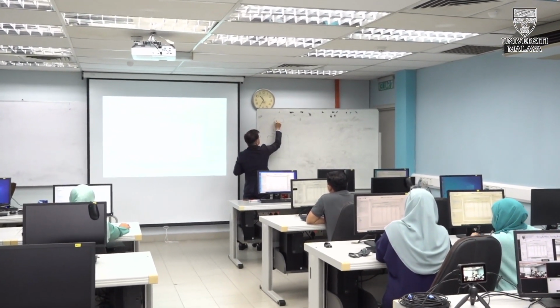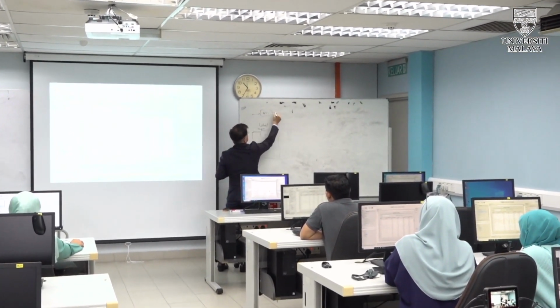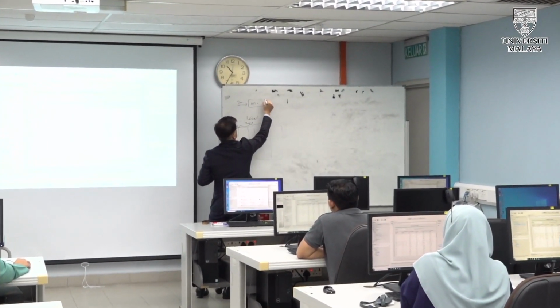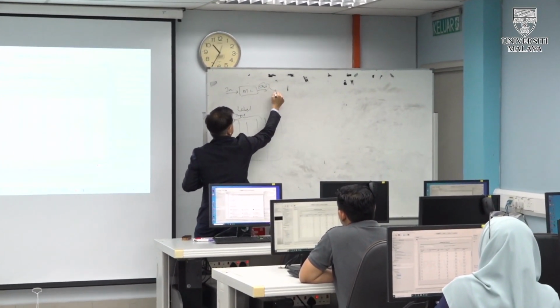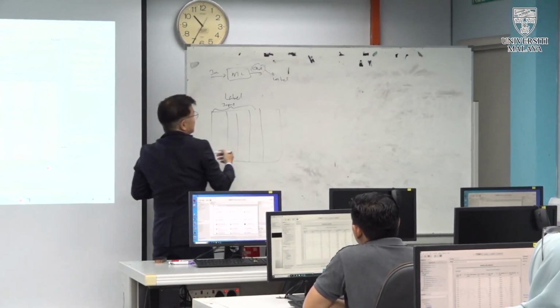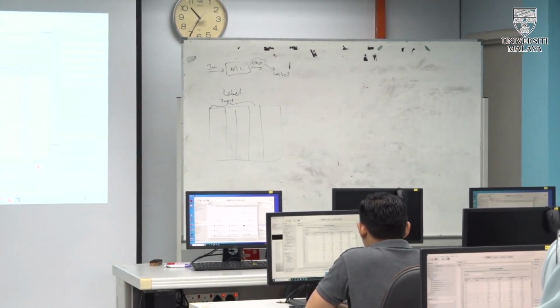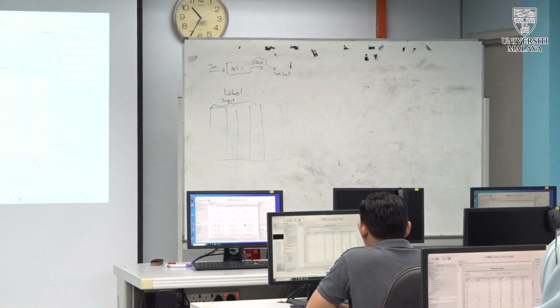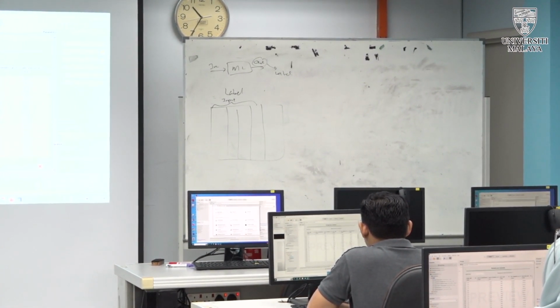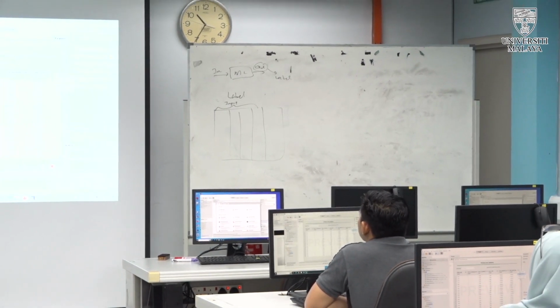Because in any machine learning, you kena ada dua komponen, satu input, satu output. So output kita panggil label. So dalam kolom-kolom ini, you kena identify which one is label, your output. Others are input.